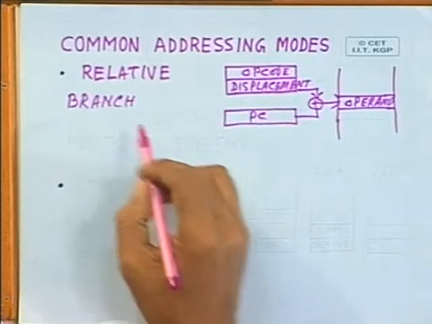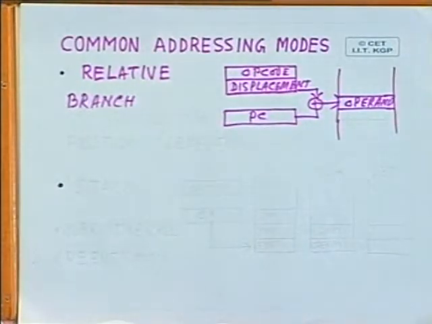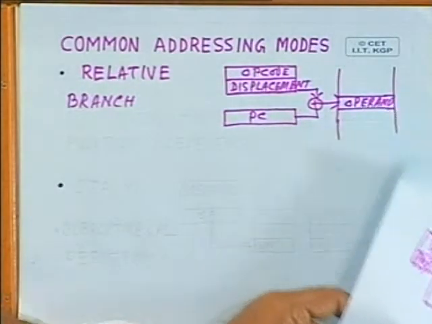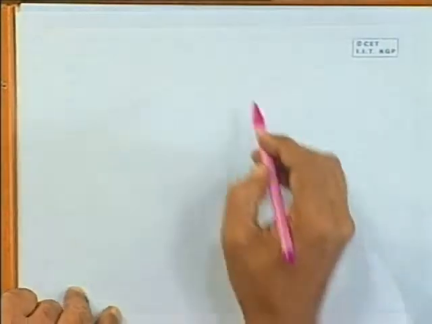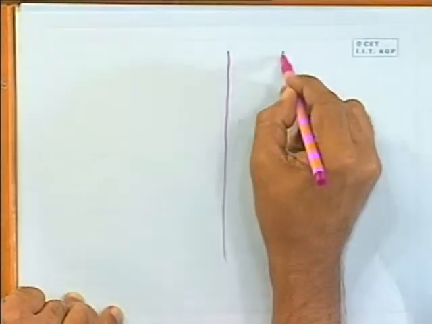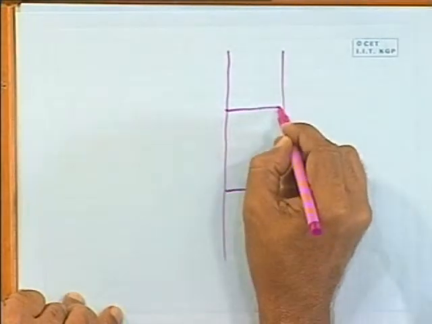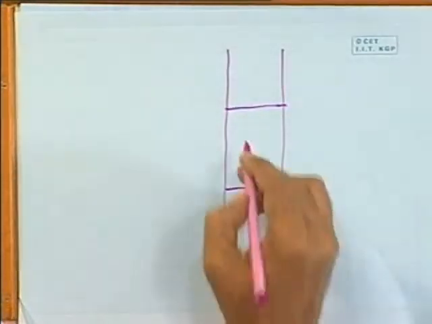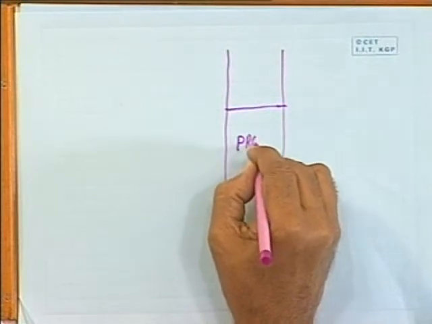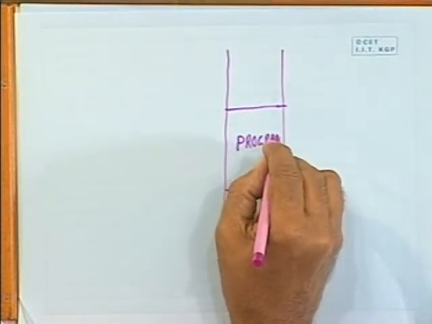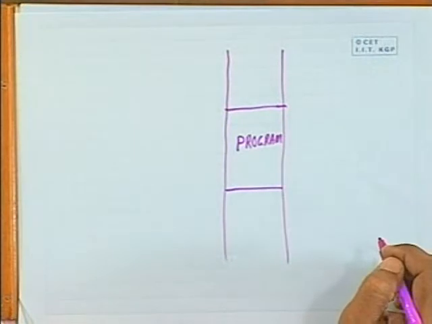In branch instructions, suppose this is the memory, this is the range over which your program is being stored.